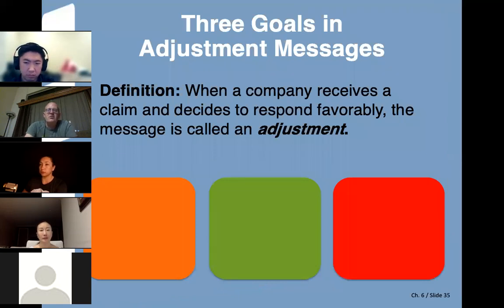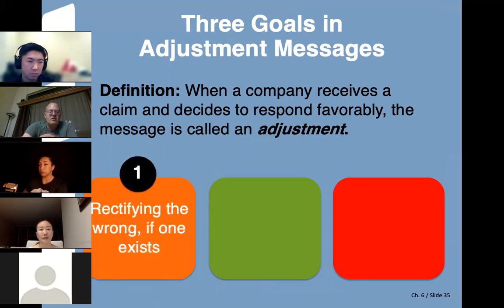Okay, so when a company receives the claim and they decide to respond favorably, we call that message an adjustment, like I just said. This adjustment letter is going to fix what's wrong. If there's a problem, it's going to be addressed and fixed.